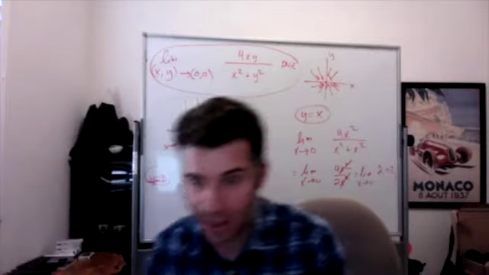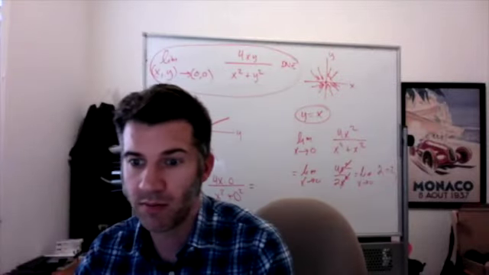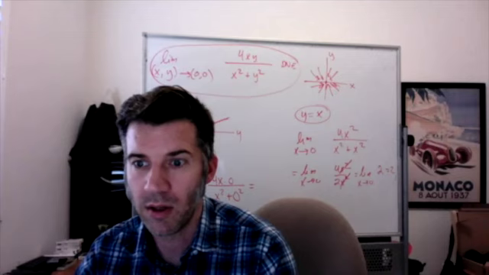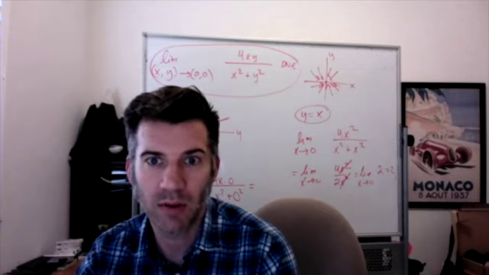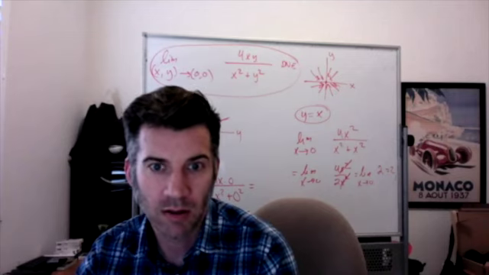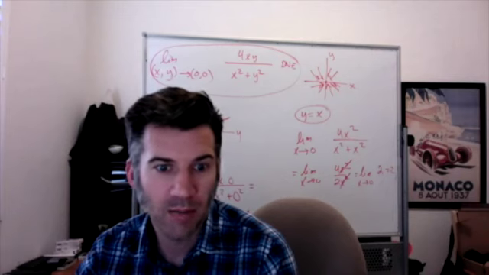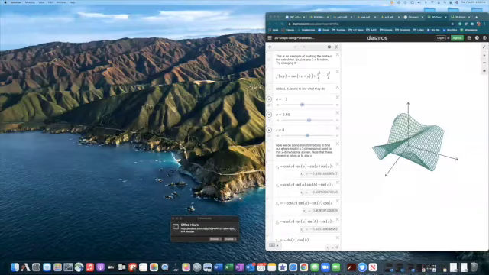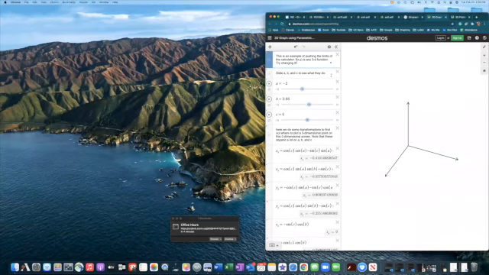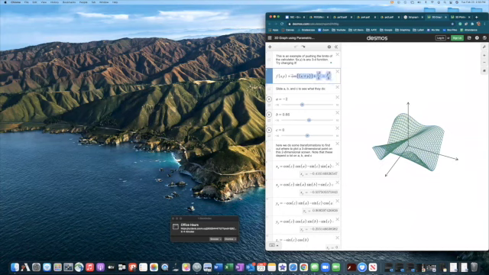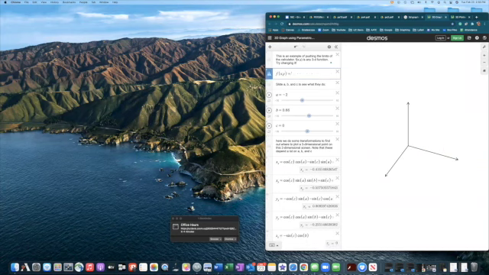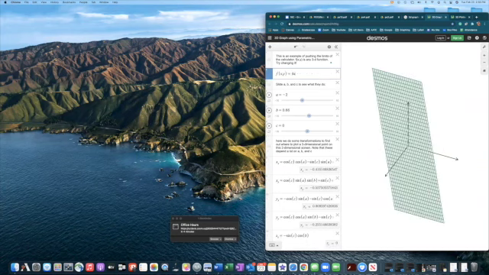So graphically, if you look at the graph of this thing, it looks very bizarre at the point 0, 0. Let's see if we can graph it. Let me reload this. So here's what it looks like if you care. We've got 4xy over x squared plus y squared.